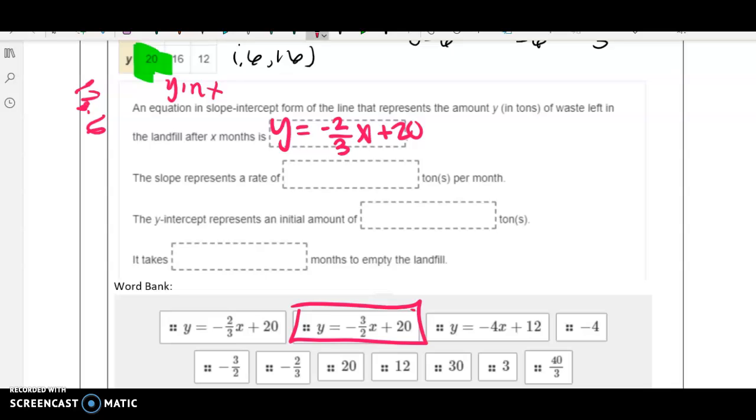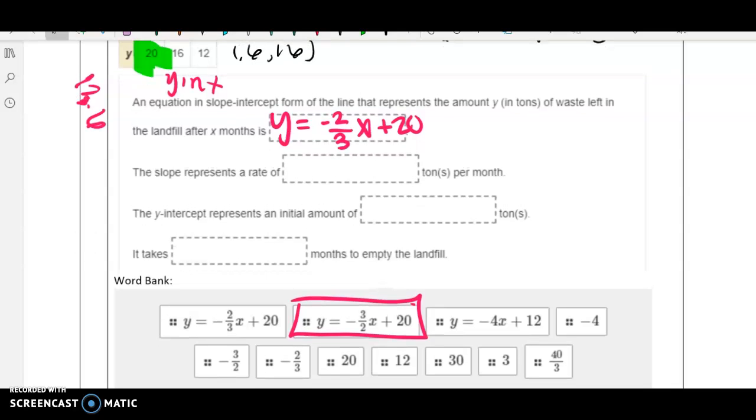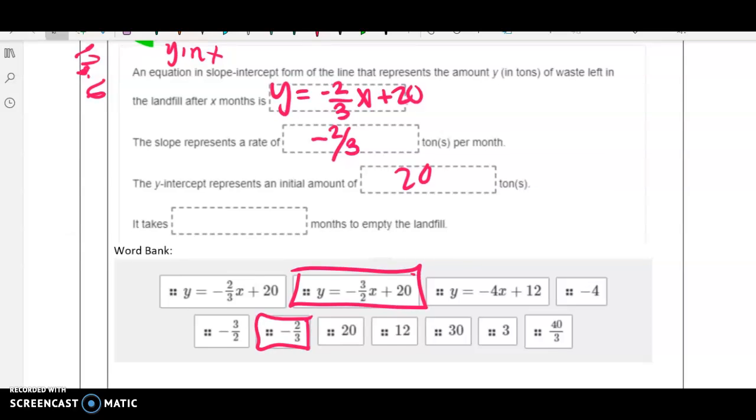All right, the slope represents negative 2/3. And that's because it's just asking us to break down the equation. Our y represents 20 tons. And it takes how many months to empty the landfill?